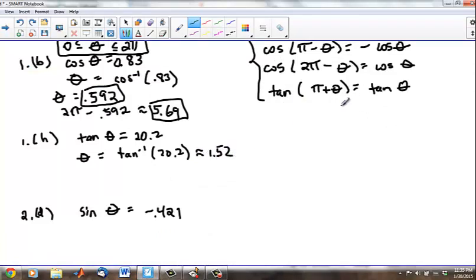Okay, so now we can use this identity right here. Tan of pi plus theta is equal to tan theta. So if tan theta is equal to 20.2, so is tan of pi plus theta, also equal to 20.2. So therefore pi plus theta is about pi plus our theta here, 1.52.